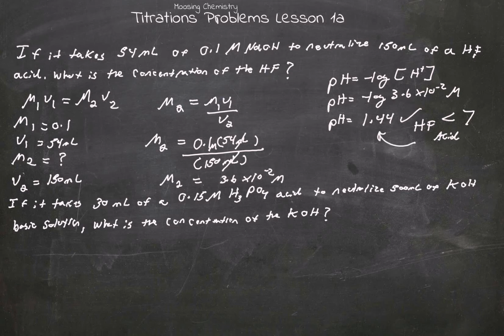Okay, let's look at the second problem. If it takes 30 milliliters of a 0.15 molarity phosphoric acid to neutralize 500 milliliters of potassium hydroxide basic solution, what is the concentration of the KOH? Again, M1 V1 equals M2 V2.